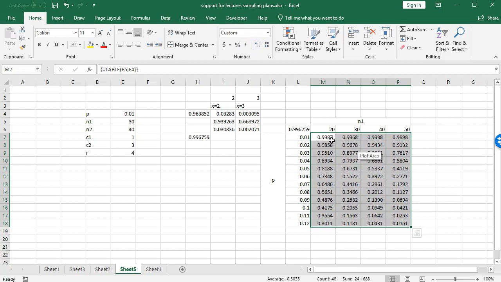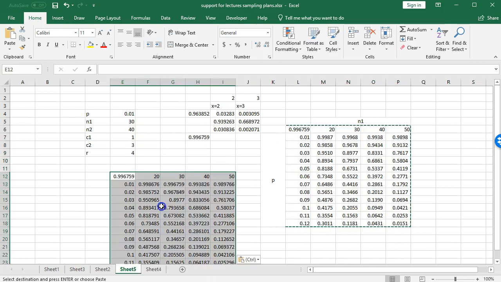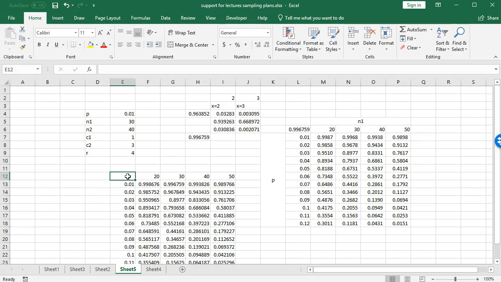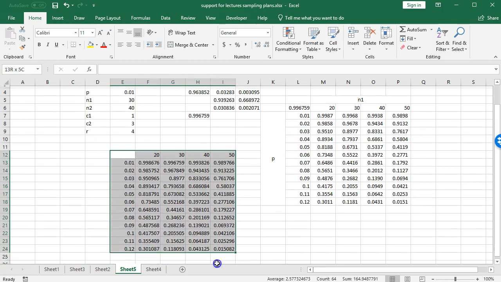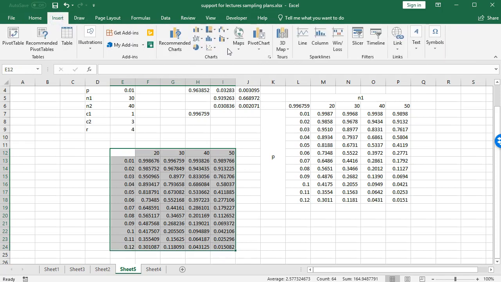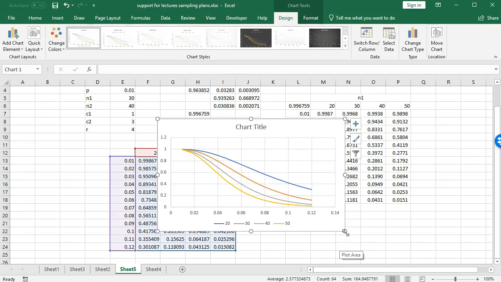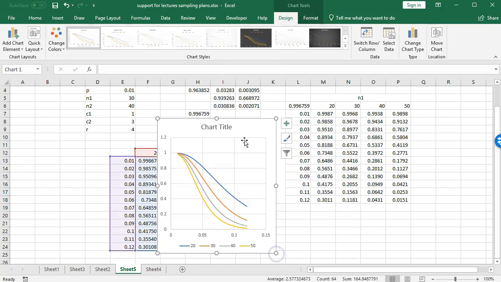Of course, I can make a nice graph. I'm going to copy that here and create the graph for our curves on a double sampling plan.